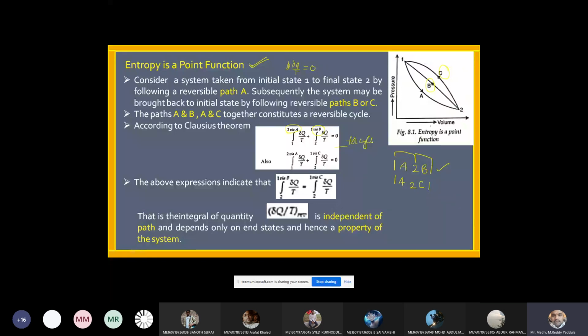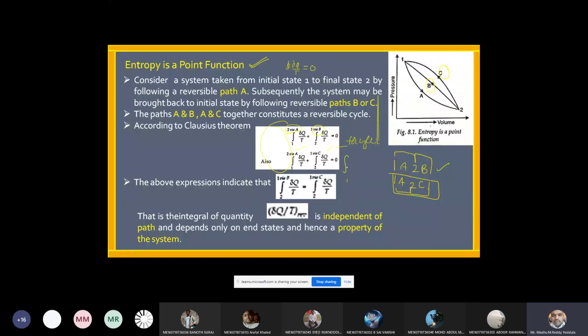In the same way, for the second cycle 1A2C1, 1 to 2 via A is one process and 2 to 1 via C is another. Applying the Clausius equation, the integral 1 to 2 via A plus 2 to 1 via C equals 0. If you observe these two equations, the left hand side is the same, the first terms are the same, therefore I can equate the second terms also.